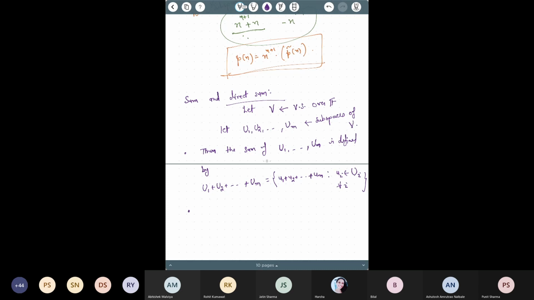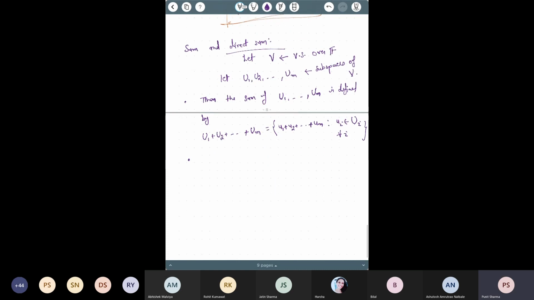Okay. Second thing, I'm just fixing some terminology here. This vector space V is called the direct sum. The first one was just the sum. Now I'm defining the direct sum.